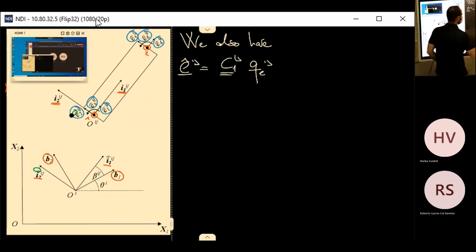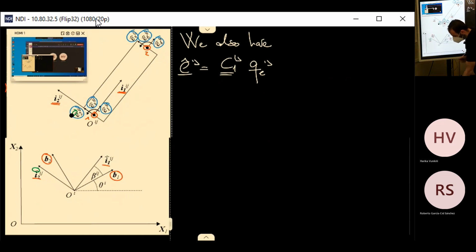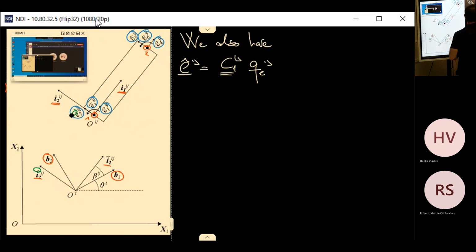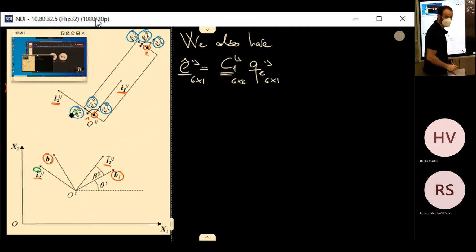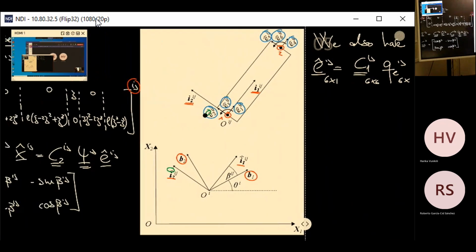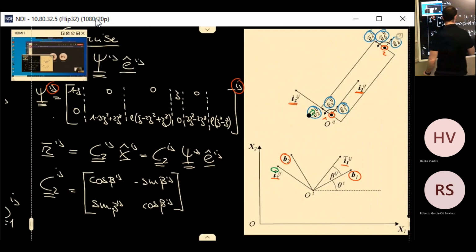Okay, but in this case, this is a 6 times 1 vector. This is a 6 times 6. This is a 6 times 1 vector. While the other one was a 2 by 2 because we were in the two-dimensional space. So if you want, I can put it extensively.